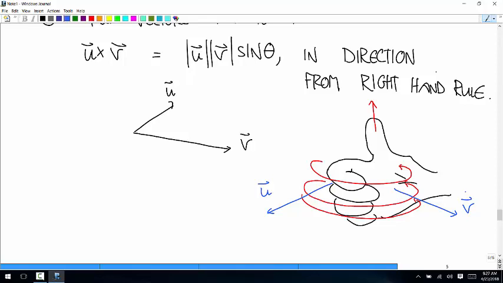Start with U, rotate it to make it line up with V. Have your fingers go in that direction of rotation, and your thumb is the answer. And then if you had put your thumb upside down. Yeah, so if we were doing V cross U, you'd have to take V, rotate it that way, and so your thumb would be down.